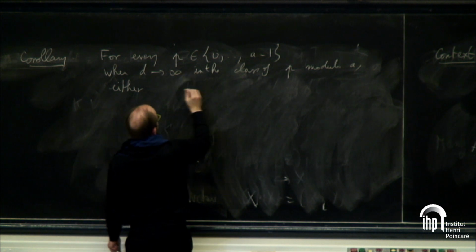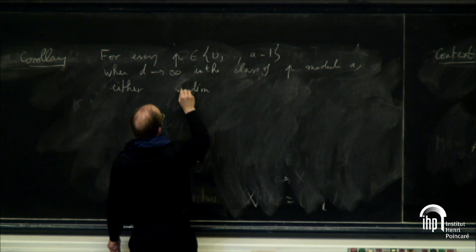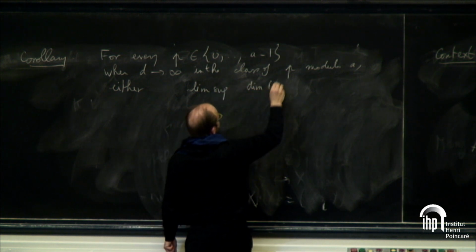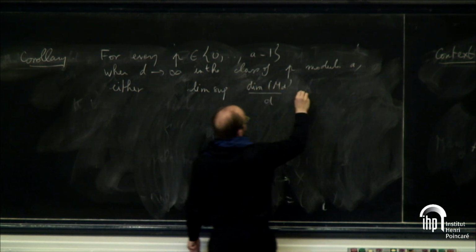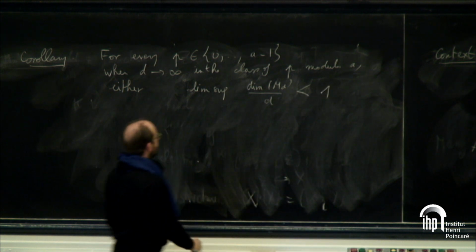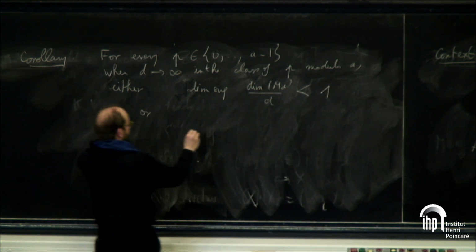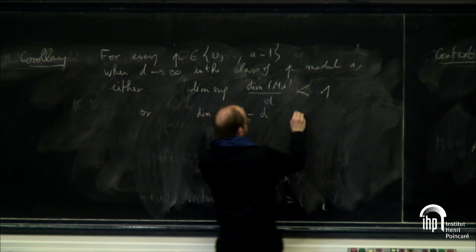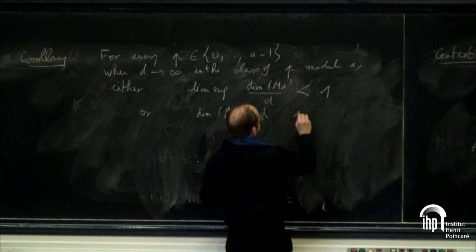Either the supremum limit of dimension of M_d divided by d is strictly smaller than 1, or dimension of M_d minus d is eventually constant.